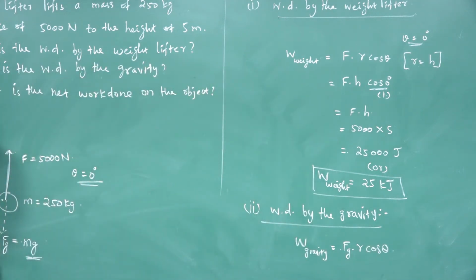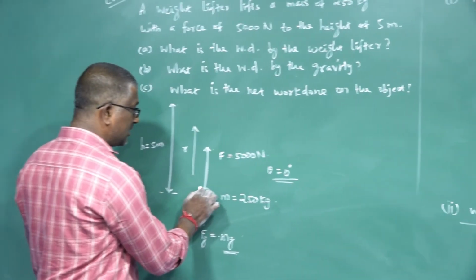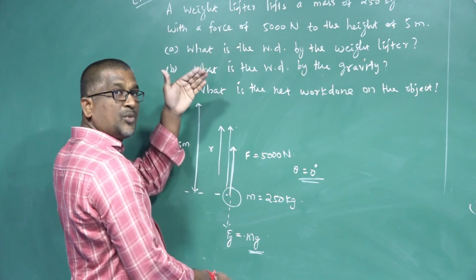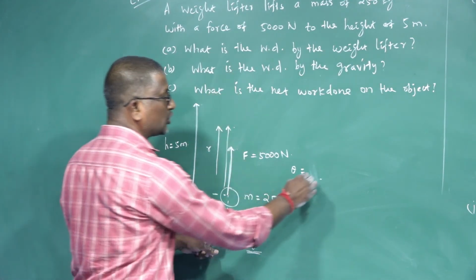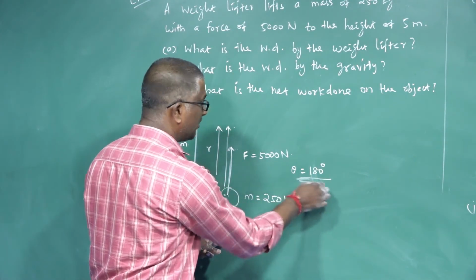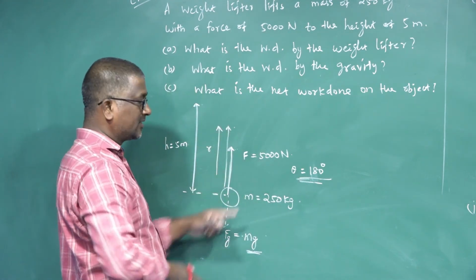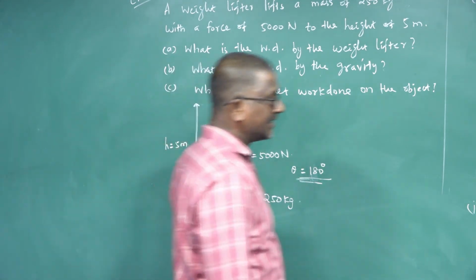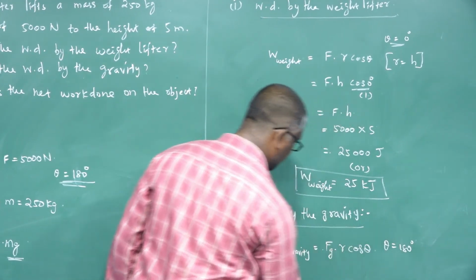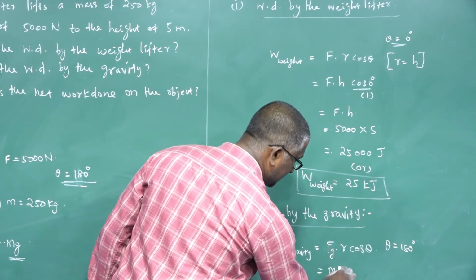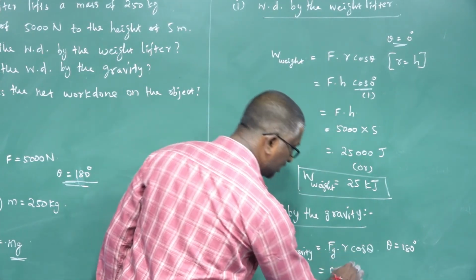Here gravitational force is acting in downward direction. The direction of motion of the body is upward. So the angle between gravitational force and the direction of motion of the body is 180 degree, because these two are in opposite direction. So theta value is 180 degree.